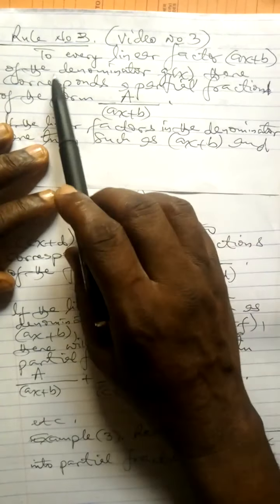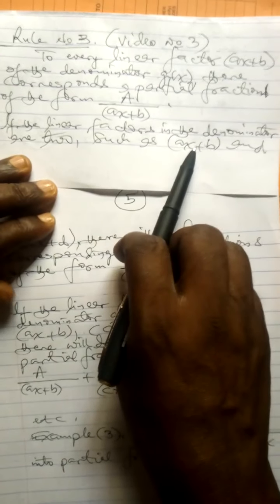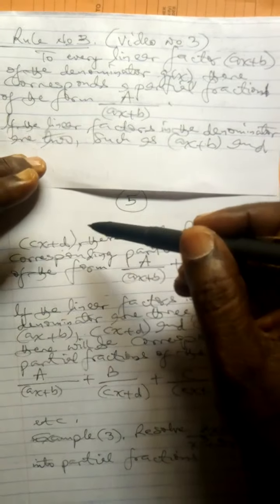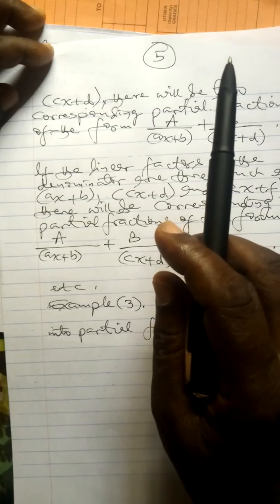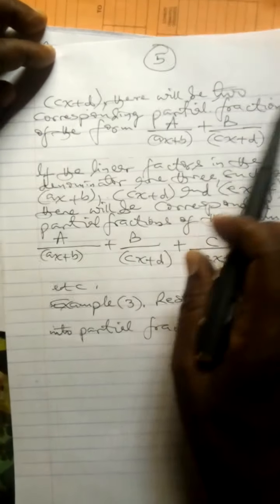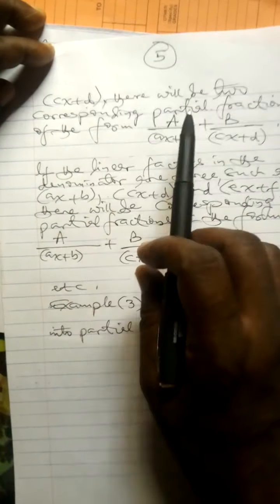But if the linear factors in the denominator are 2, such as ax plus b and cx plus d, there will be 2 corresponding partial fractions of the form A over ax plus b plus B over cx plus d.